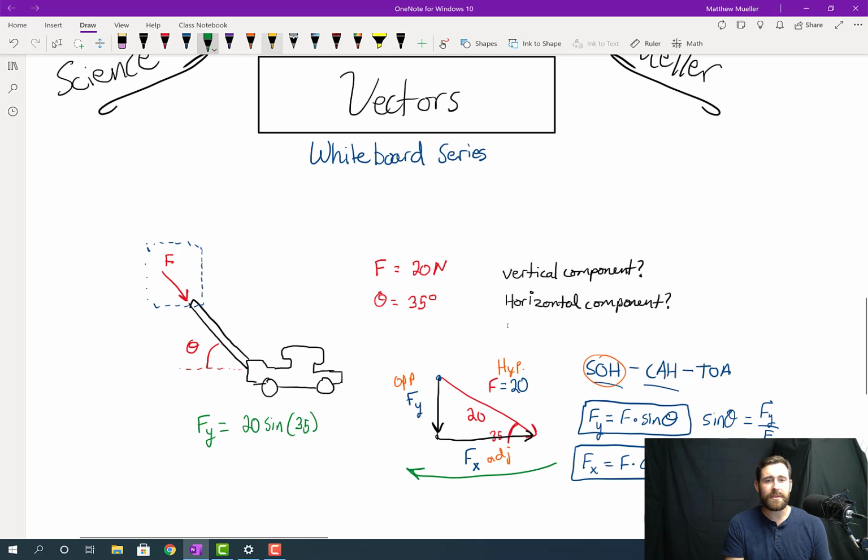And f sub x, let's do that in purple here, f sub x would be 20 times cosine of 35. So we'd punch those into our calculators and see what values we get. So let's come back here in a split second to get those values.